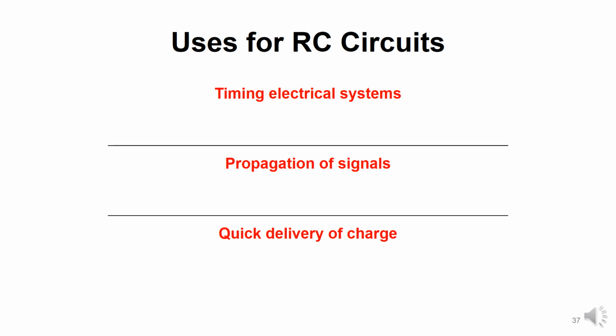Okay, so what are RC circuits used for? So you can see that RC circuits can control the rate. So it has a time component built into it. We can control the rate of charges flowing using resistance and capacitors. So it's used for circuits that need a timing component. So basically timing electrical circuits.